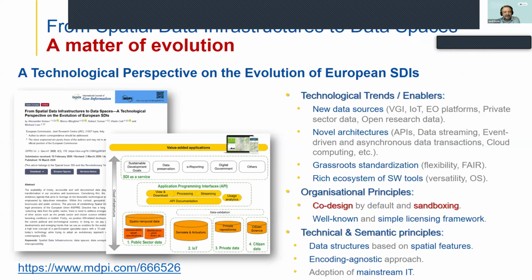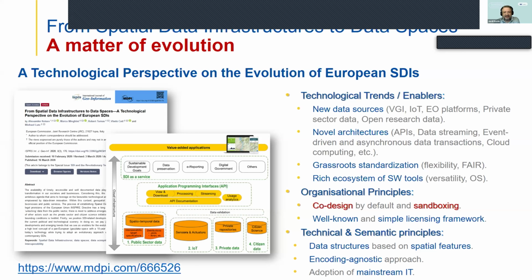There is a need to connect to more data sources, think about volunteered geographic information, the Internet of Things, Earth observation platforms, data from the public sector, from the private sector, not only public sector, data from research, etc.